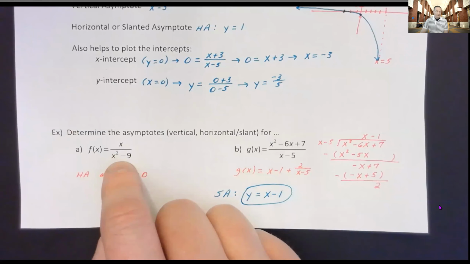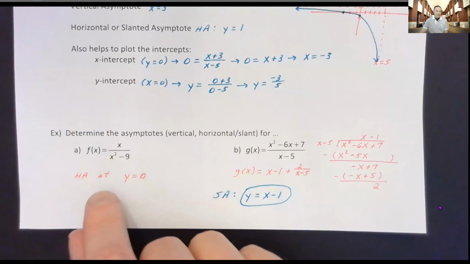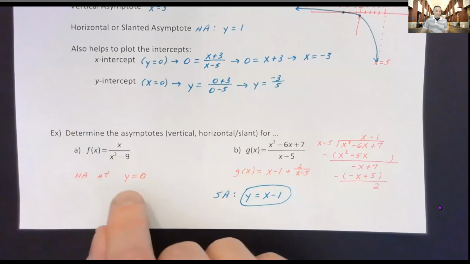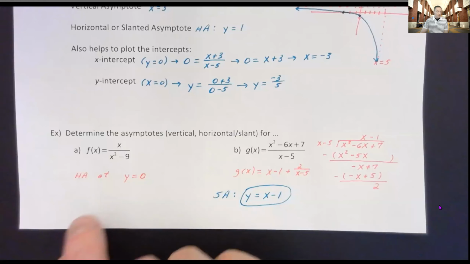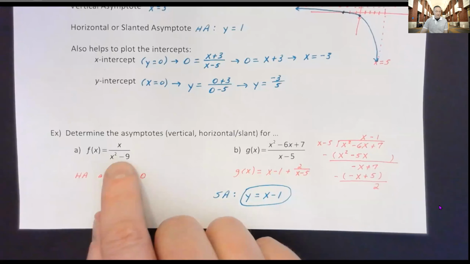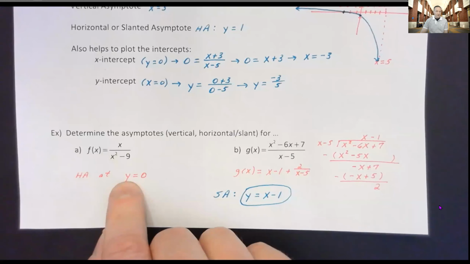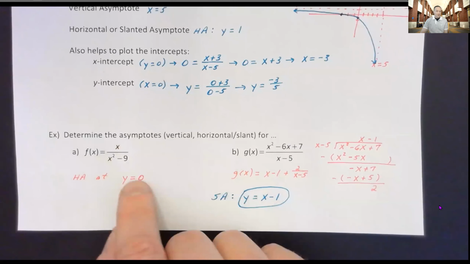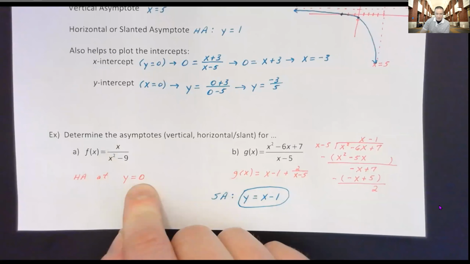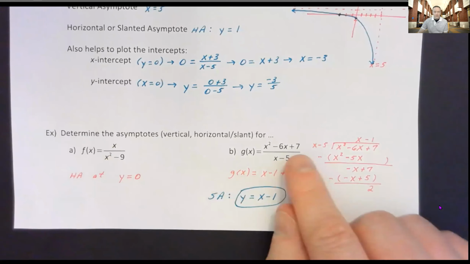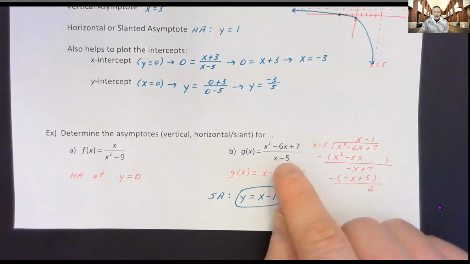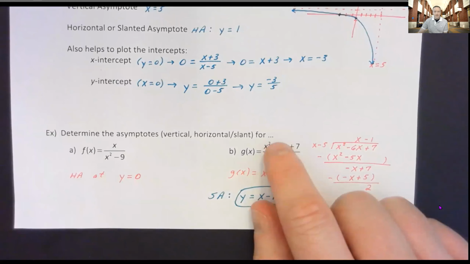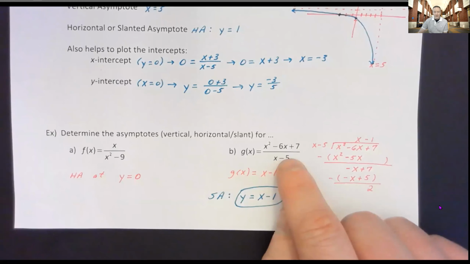Set each of those factors equal to 0, you'll get your 3 and negative 3. Well, I should say x equals 3 and x equals negative 3 are your two vertical asymptotes of this one.